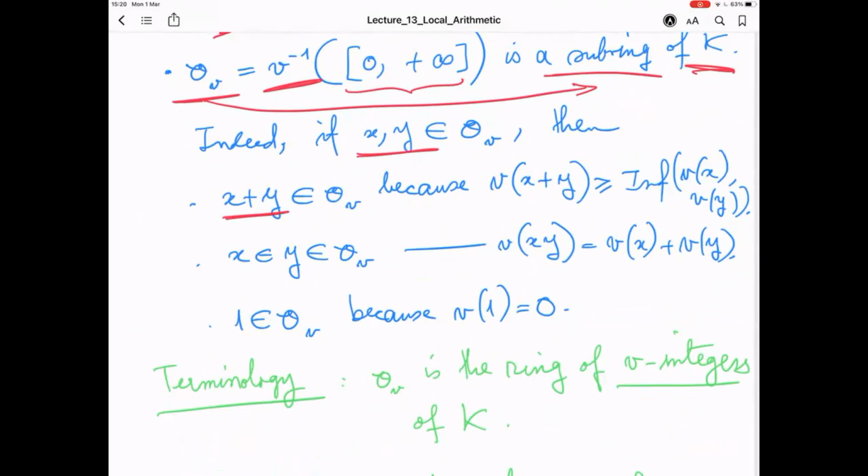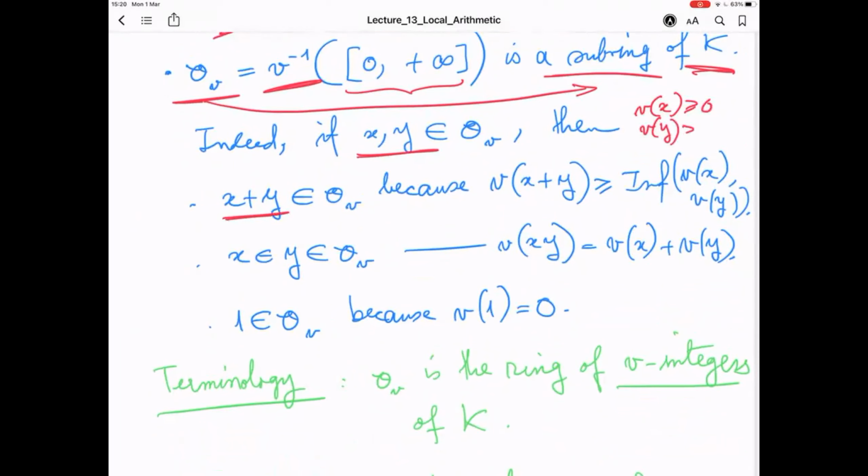Okay, how about the sum? These two elements are in O_V. It means that V of X is positive and V of Y is positive, but V of X plus Y is greater than or equal to whatever is smaller, and whichever is smaller is positive because both of them are positive.